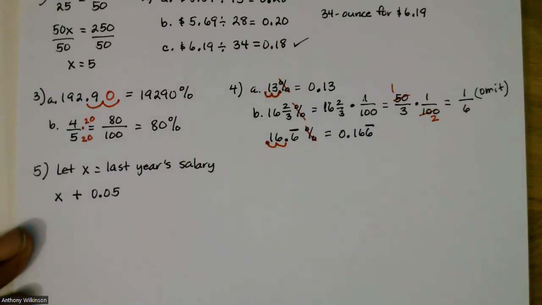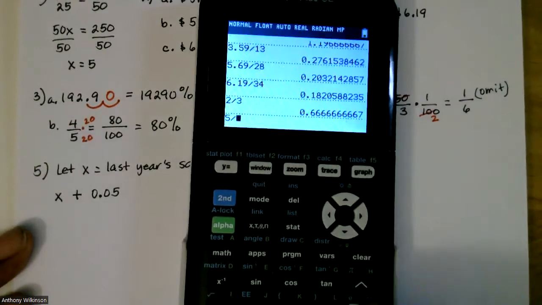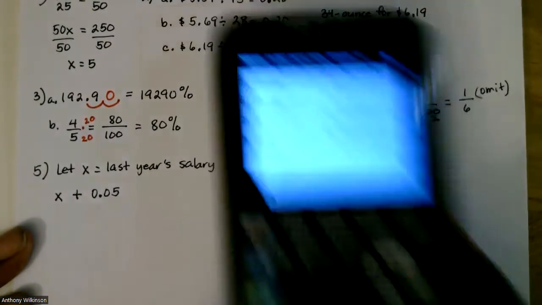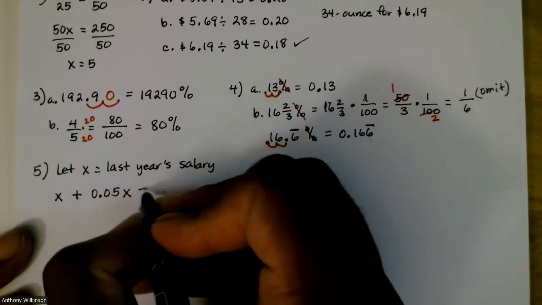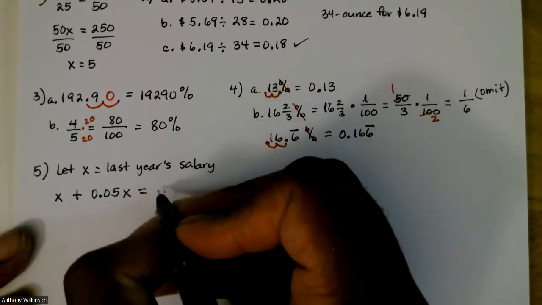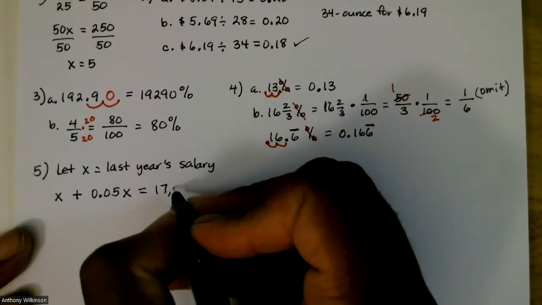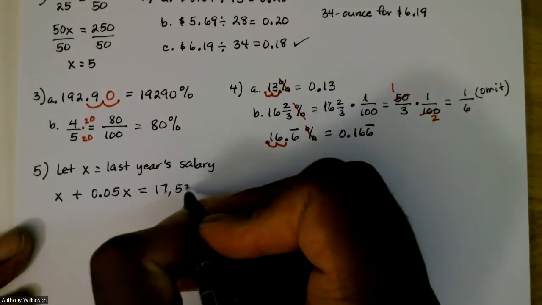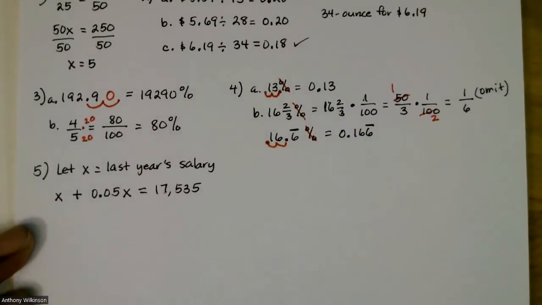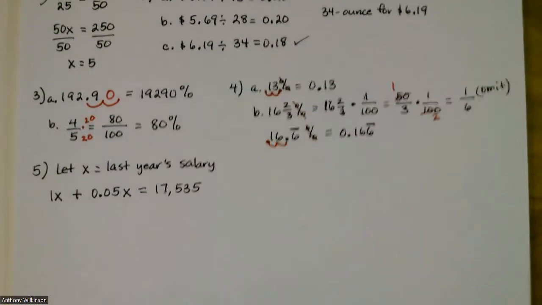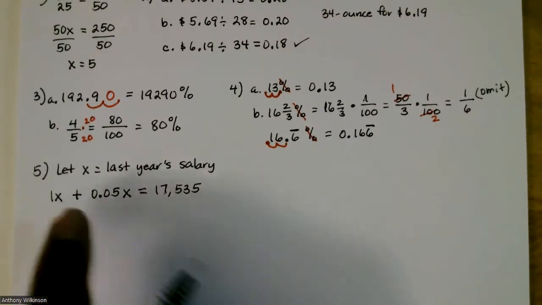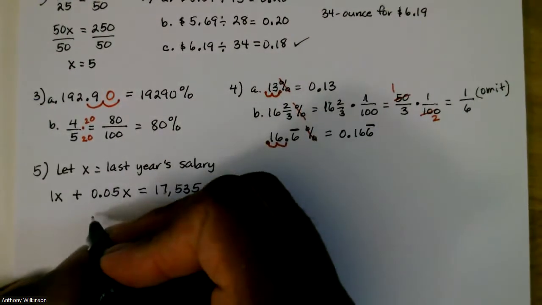Now, if you recall 5% as a decimal, you can take the 5 and divide that by 100. That'll give you 0.05. So it'd be 0.05 times last year's salary. That would be equal to her salary right now, $17,535. Now we have our equation that we can easily solve for X. Well, this X has the understood coefficient of 1. If I add 1 plus the 0.05, that would be 1.05.